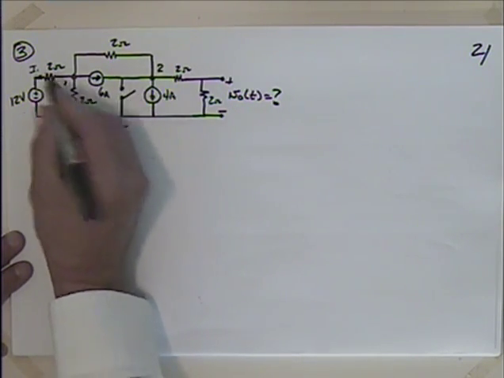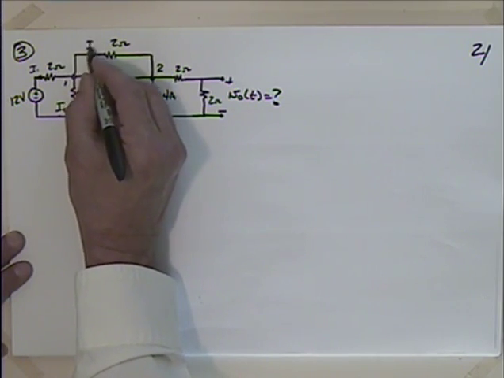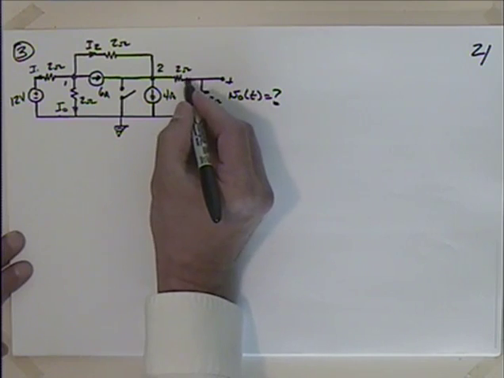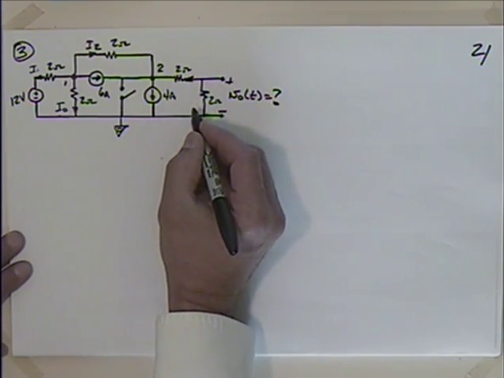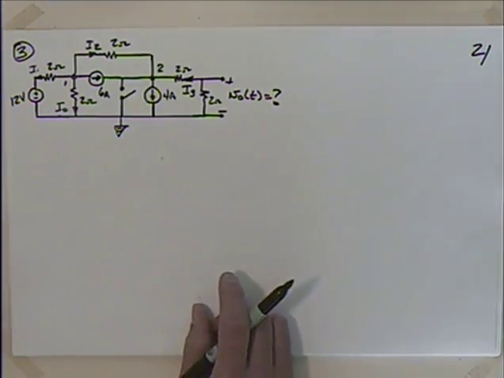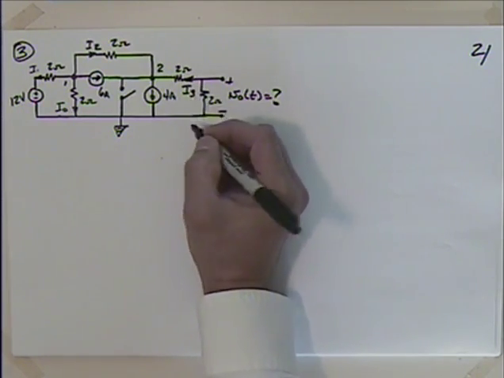So I naught, I1. Why don't I put I2 here? We've got 6 amps there. We've got 4 amps. So I can call this I3. Maybe I'll put it like this. A little bit backwards, but that's okay. That'll be kind of interesting for us. Normally I usually put that down, but we'll call that I3.